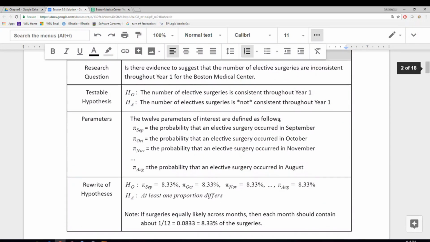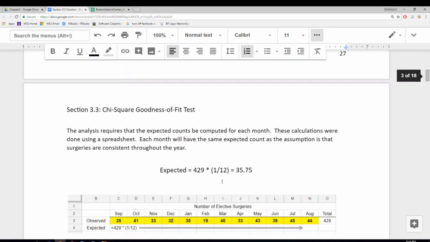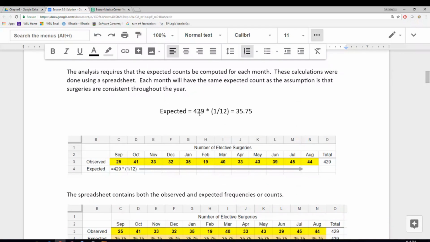If we go back up there and look at that a minute, each of those parameter settings were set to 1/12. So I need to simply compute the total, which is 429, and multiply that by 1/12. When I do that, I get the value 35.75. And that's going to be the same for all of those.